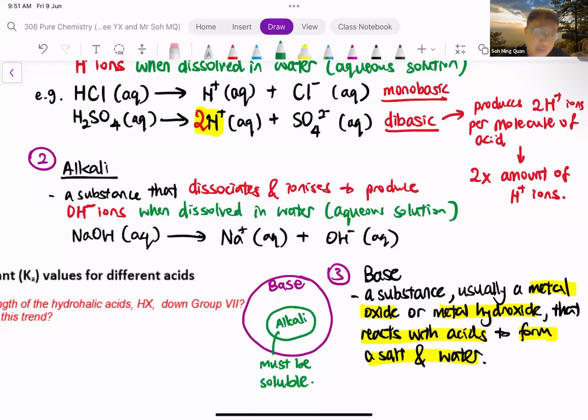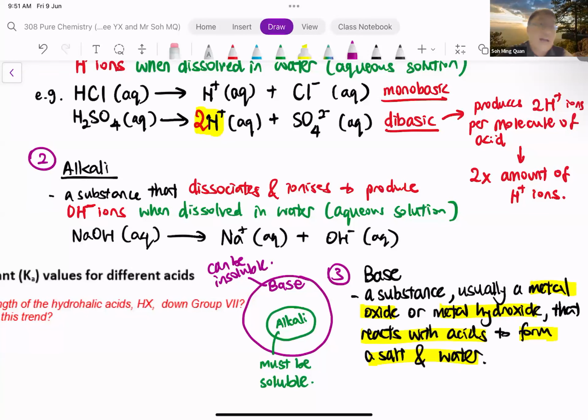The definition of an alkali requires it to dissociate and ionize to produce OH- when dissolved in water, meaning it must dissolve in water. Alkalis must dissolve in water, whereas bases can be insoluble. For example, copper 2 oxide is a base. Copper 2 oxide is insoluble in water. However, copper 2 oxide still reacts with acids to form salt and water.